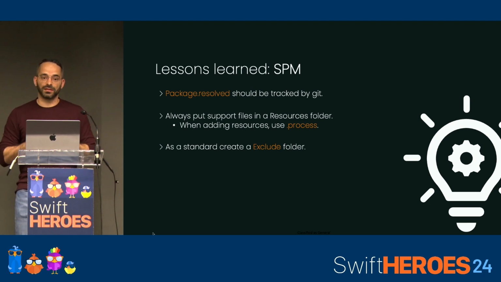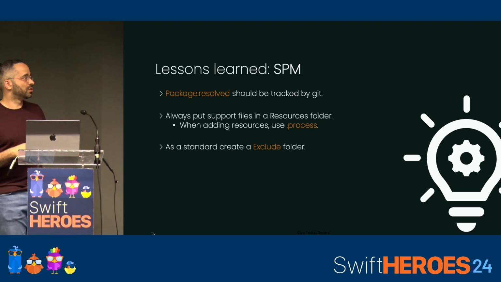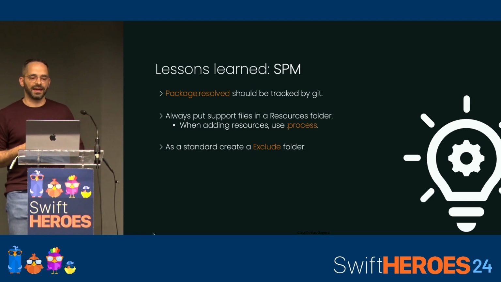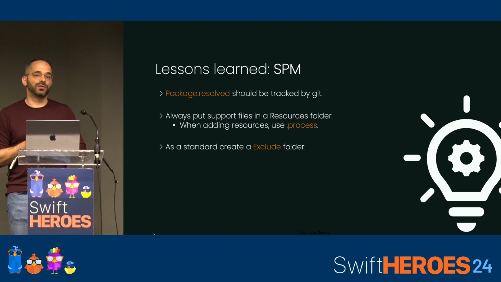If you use copy, none of that happens. So by the rule, we should use process. And if Xcode detects it cannot optimize the file, it will use copy as a fallback. So basically, try to always use process unless you're very clear that you want to use copy.